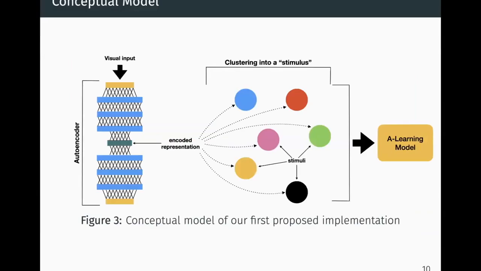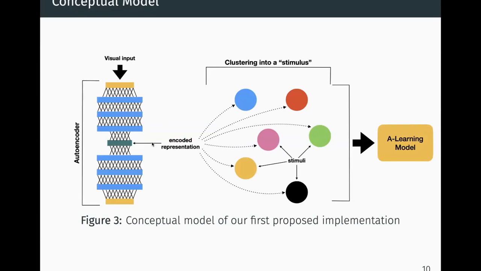So moving on to the implementation side of things, we started off again by trying to answer this question of what is a stimulus. The way we decided to go about it in the beginning was, well, first of all, we're only considering visual stimuli, and we need a way to categorize whatever the agent is seeing into a stimulus.